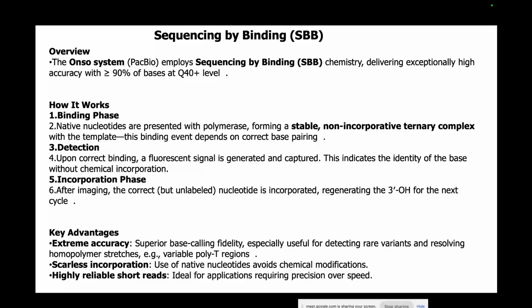So sequencing by binding decouples the steps. Same with avidity binding as well, the concept is similar. You are decoupling the steps of DNA synthesis and the detection of the base that is there. In sequencing by synthesis, along with the synthesis, you are detecting the base.